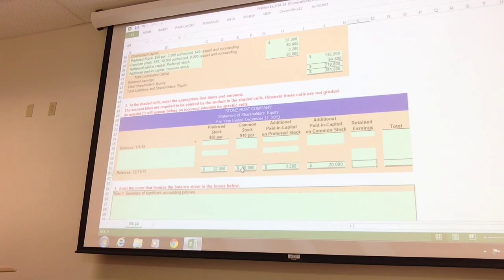And it is not telling us anywhere in the other notes what the beginning balances were. And then we had 84,600 for a total of 219,800.